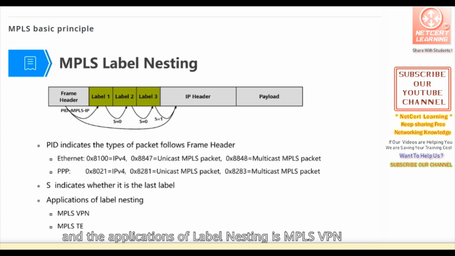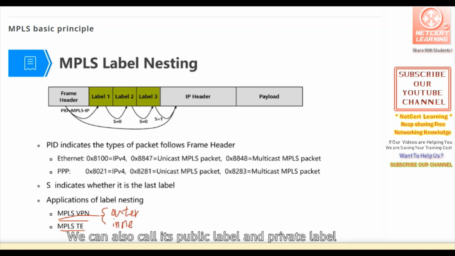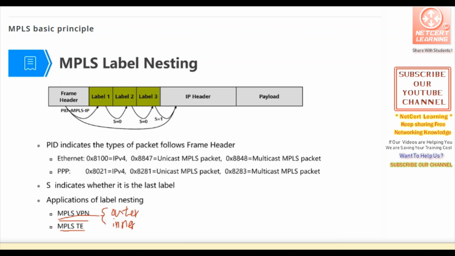The applications of label nesting are MPLS VPN and MPLS TE. In MPLS VPN, we have two labels: one is the outer label, the other is the inner label. We can also call them the public label and the private label.